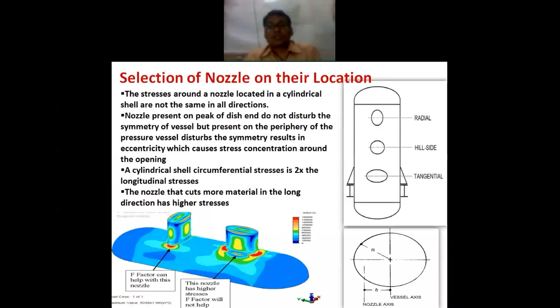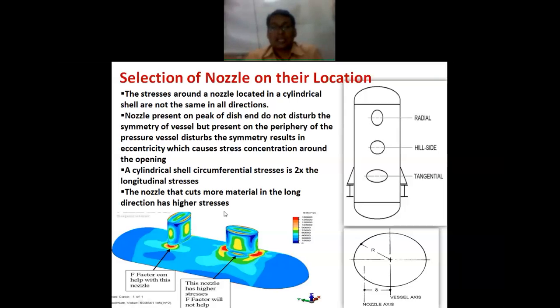Then the nozzles can be attached in different ways. You can see in this figure that they can be radial, hillside or tangential nozzles, with tangential entry like in the case of cyclone separators. The stresses around the nozzle located in a cylindrical shell are not the same in all directions.